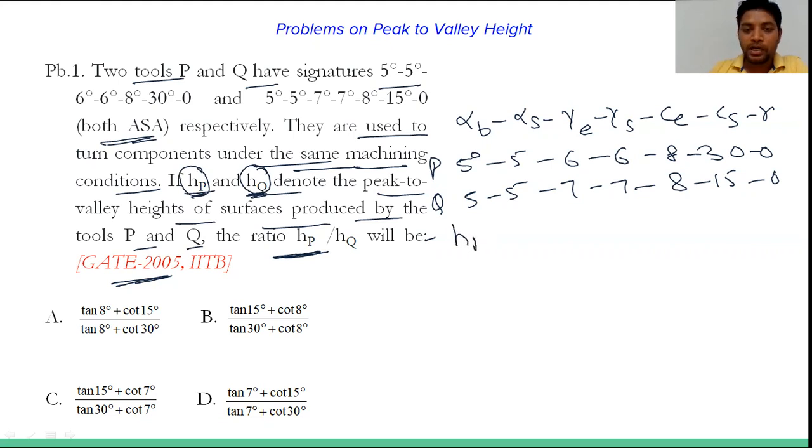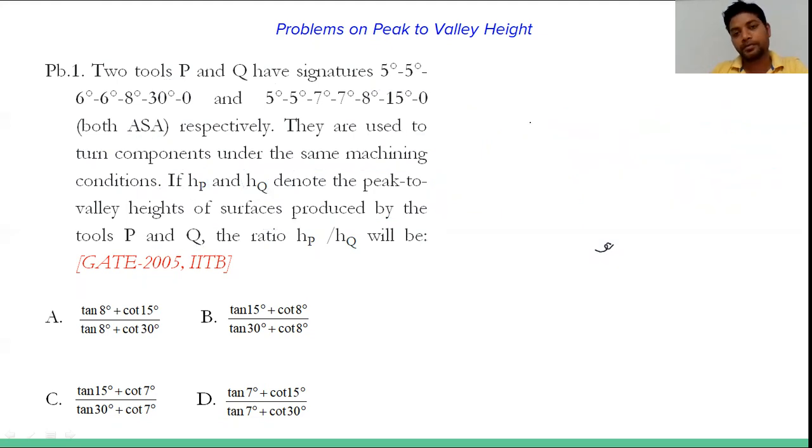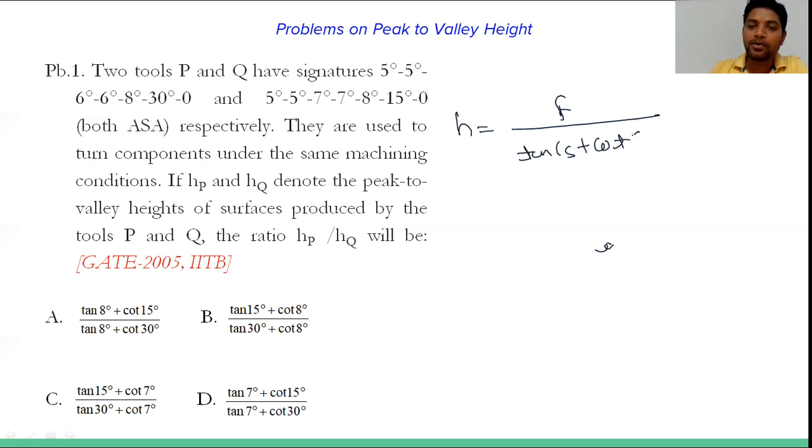So if I simply write H, that will be equal to F upon tan CS plus cot CE. Now if the feed F is not given to you, it means that whatever value is not given, we have to assume that it will be constant.